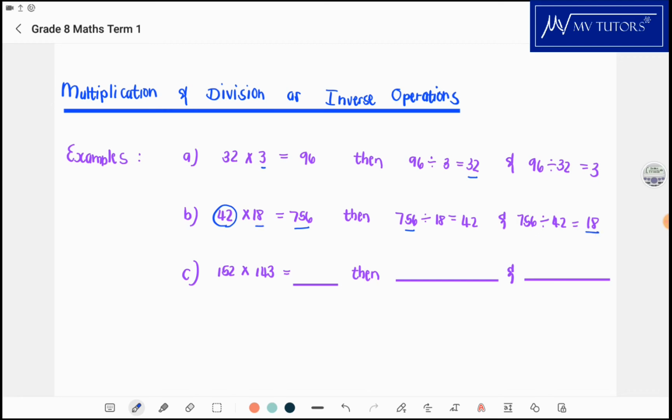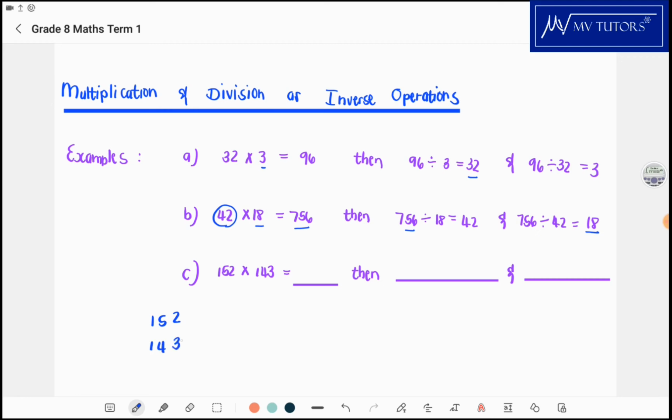All right, so we have 152 times 143. I will not be doing that by hand. We're not going to finish, but you can actually do it if you have time. Let's see, do I still have it in me to do all of this?